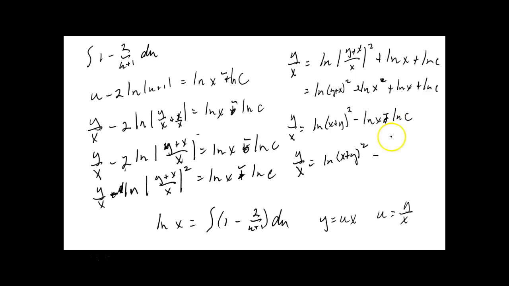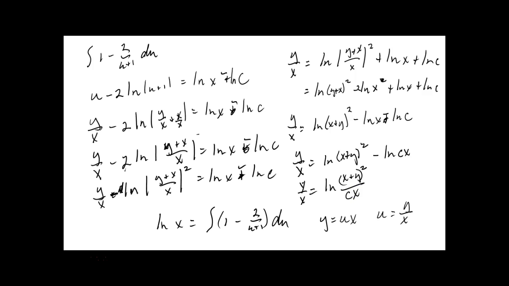So this becomes minus the log of cx. That's why I had to make it a minus sign, so I could get those same signs. So this becomes y over x is equal to, let's combine that, it puts it back in the denominator, log of x plus y squared over cx.